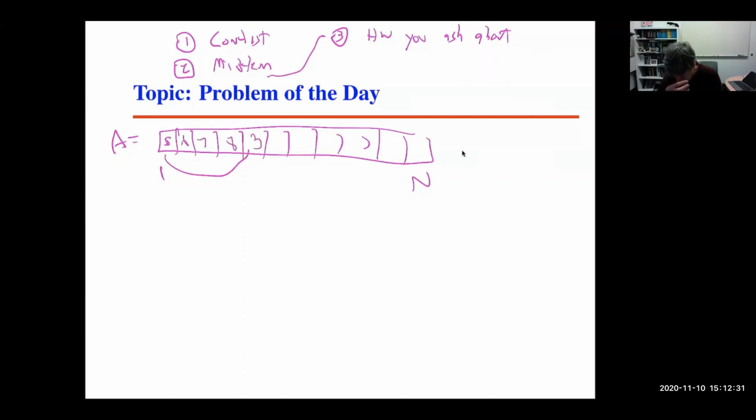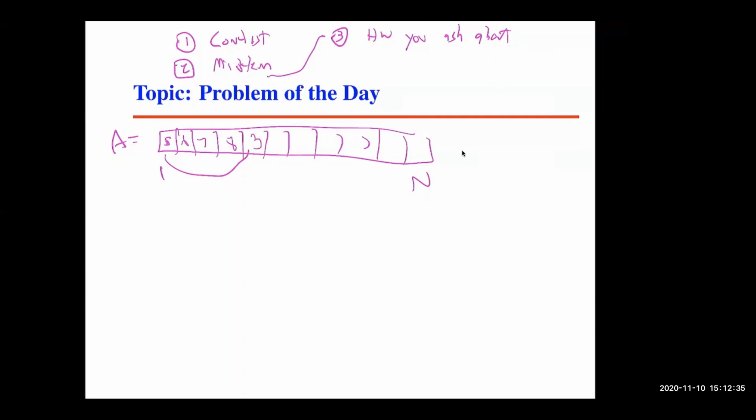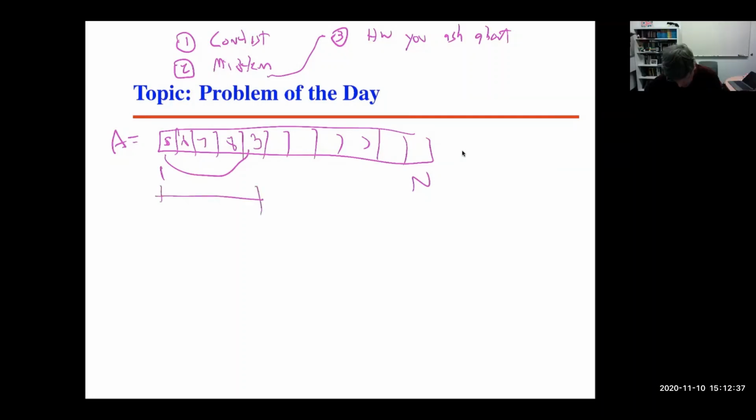So let's think about what this means. One possibility is we took a look at the part of the permutation we've already put down, and we count the length of the longest edge between two vertices in there.